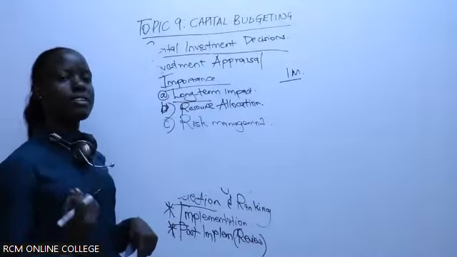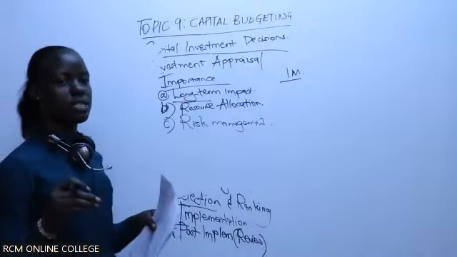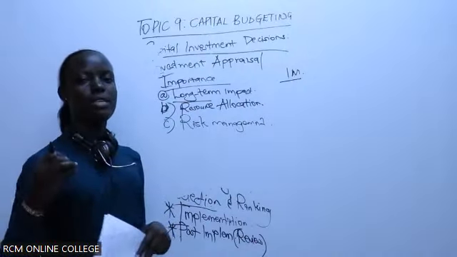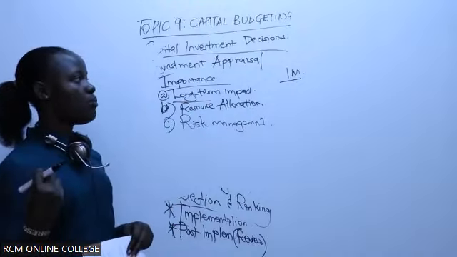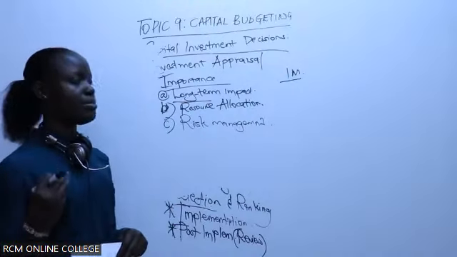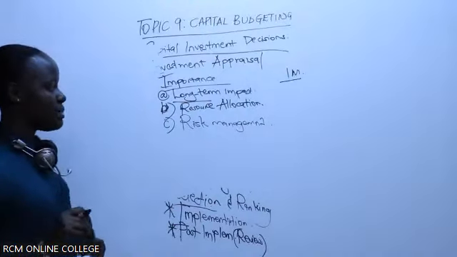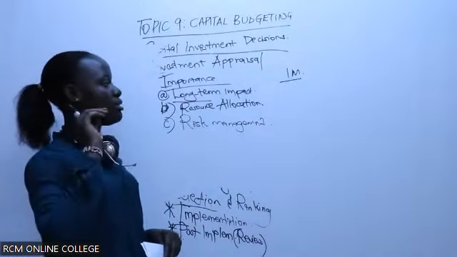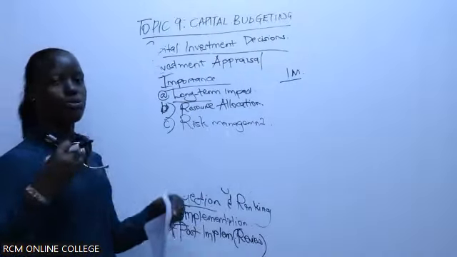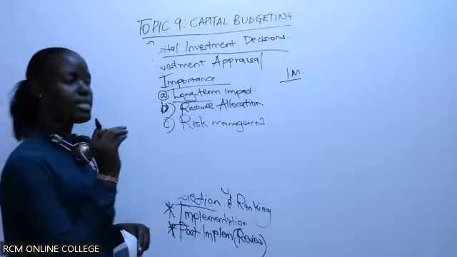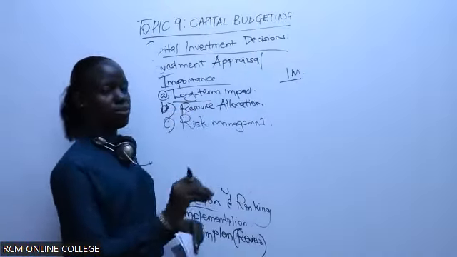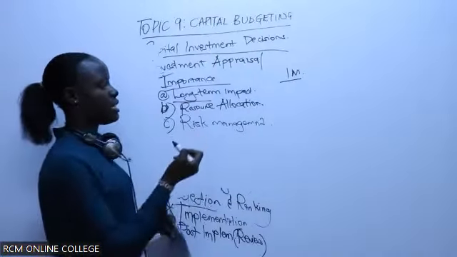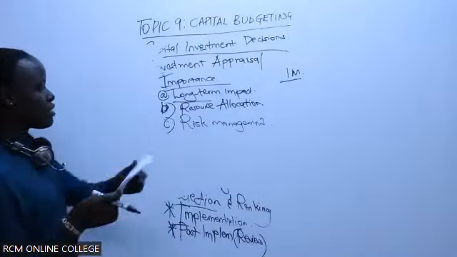You review the various risks that are associated with the project that you're venturing in, and this will help you come up with strategies for mitigating or controlling these specific risks. Risk assessment helps you to foresee the risks that might affect the success of your project. So capital budgeting is important as it is another aspect of risk management.